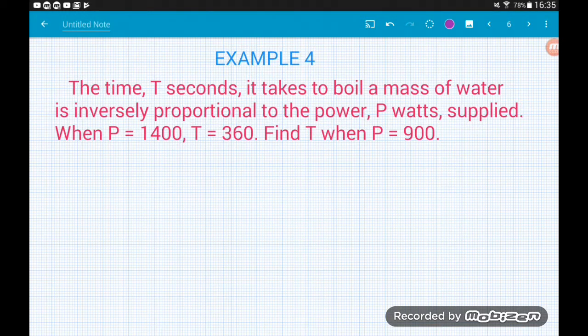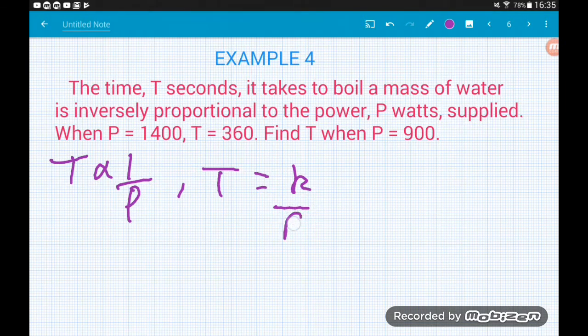Okay, so what can we take from that first sentence? T is inversely proportional to P, so T is proportional to 1 over P. So the equation that we're going to be using is T equals K over P. So that's that first sentence turned into an equation.